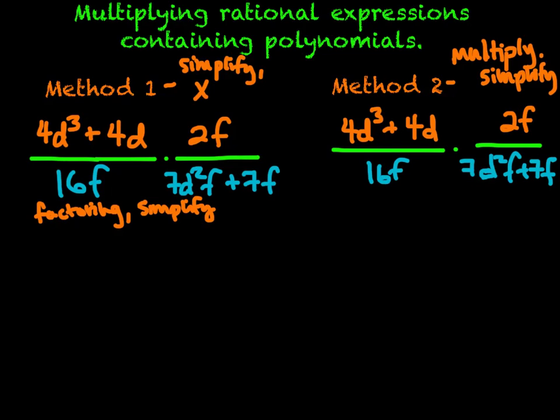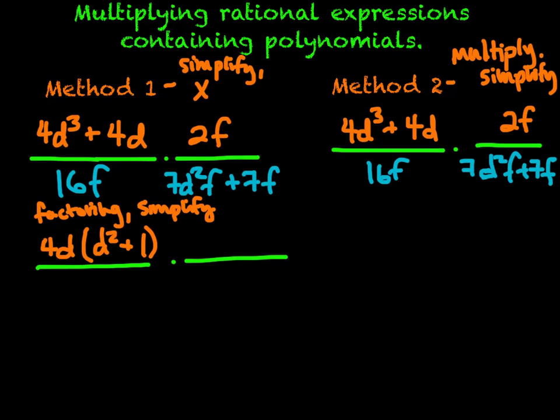Okay, so we need to factor this top part right here. We have 4d to the third plus 4d. So to factor that, we need to find a GCF, which is 4d. So we are left behind with d squared plus 1. As well, we can then also look at this portion right here up top.